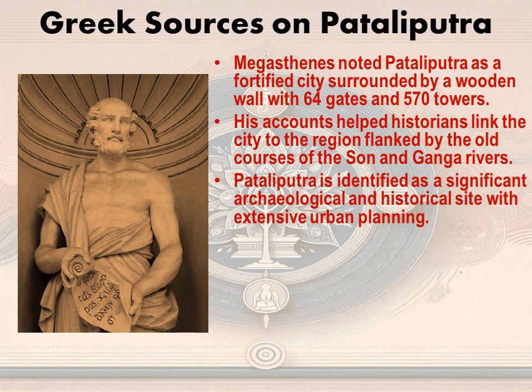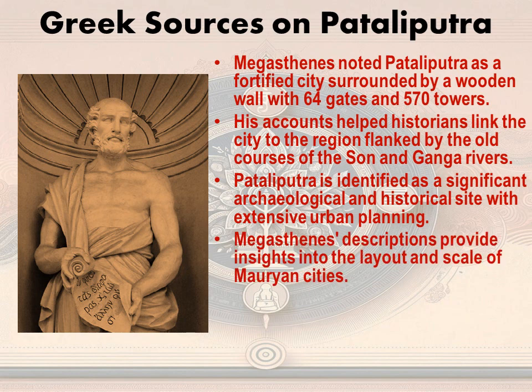Patliputra is identified as a significant archaeological and historical site with extensive urban planning. So, we get instances of extensive urban planning from the city of Patliputra. Megasthenes' descriptions provide insights into the layout and scale of Mauryan cities.